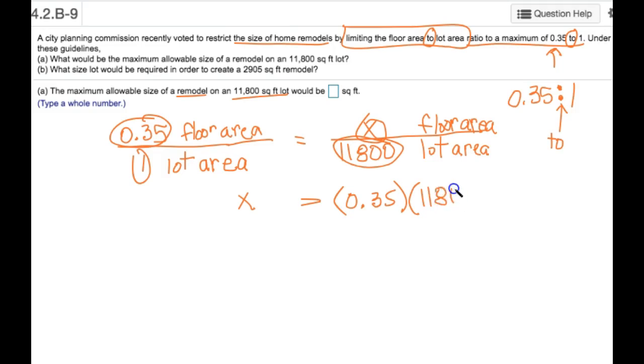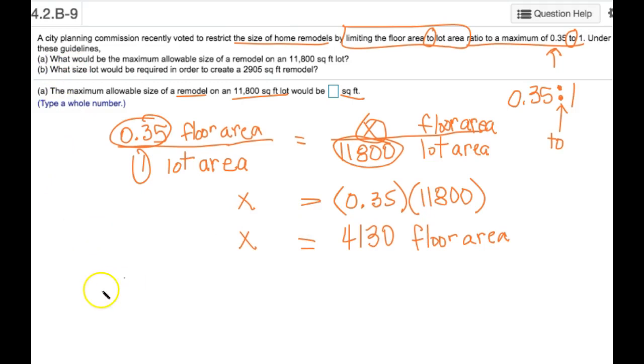I can just multiply 0.35 and 11,800, and that's going to give me 4,130, and that's my floor area. Or I could say square feet, which is actually what is given here, so that would be the better thing to write. Just realize that area is in square feet.